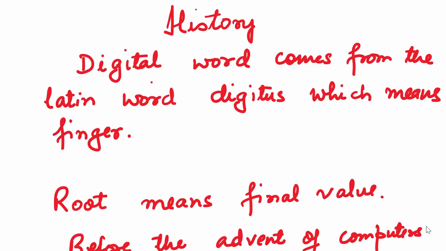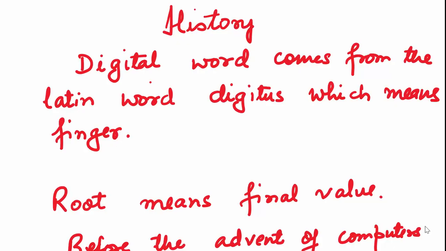Let's quickly look at the history. Digital comes from the Latin word digitus, which means finger. As you're already aware, all the calculations earlier were done on fingers, and the word root means final value. Hence, digital root.